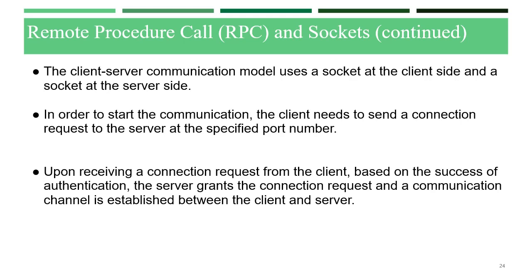The client should be aware of the name of the server along with its port number. The server always listens to the specified port number on the network. Upon receiving a connection request from the client, based on the success of authentication, the server grants the connection request and a communication channel is established between the client and the server.